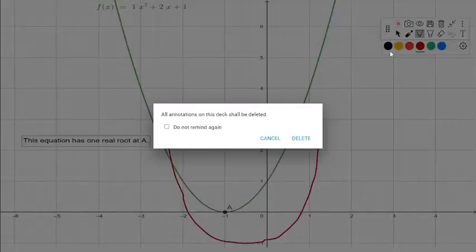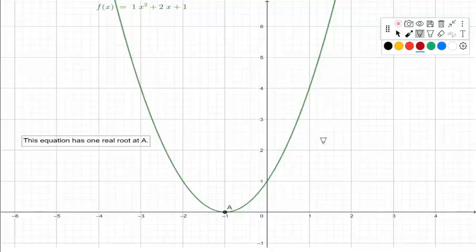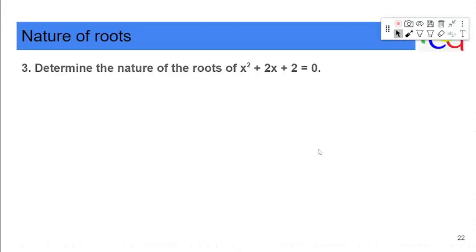And yeah, just delete that. And here's another one.